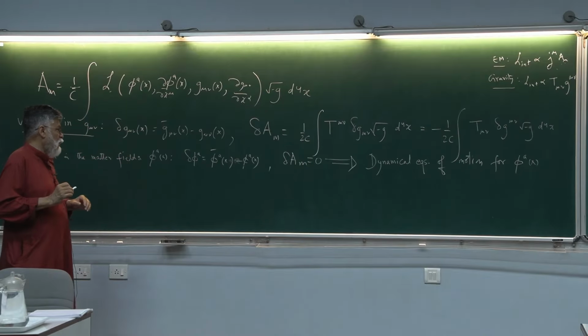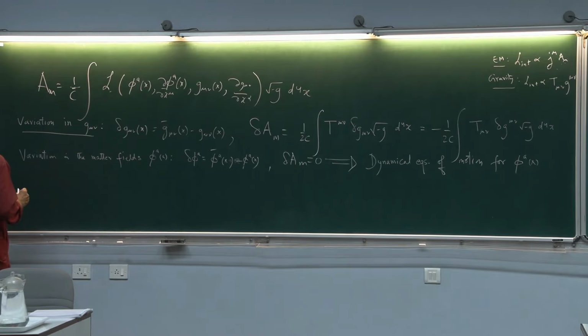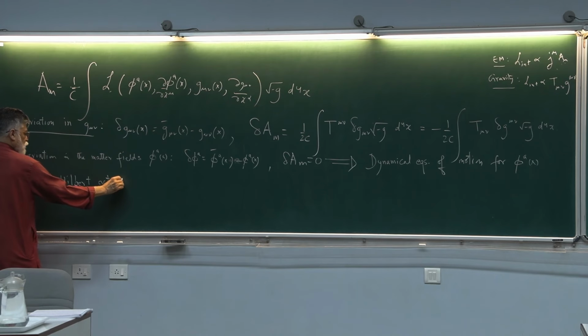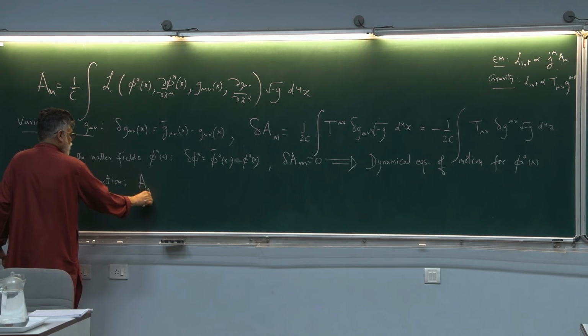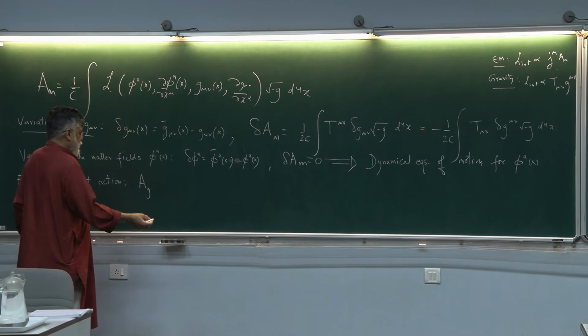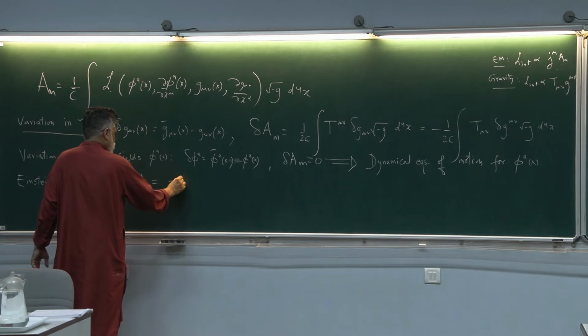All right. So now let's come to the Einstein-Hilbert action, which is for gravity. So G stands for gravity or geometry, whatever you would like.